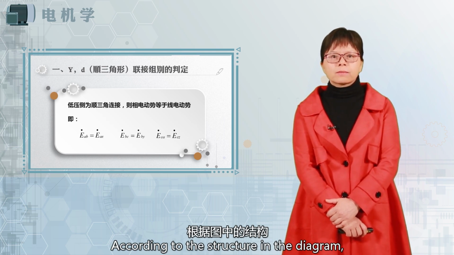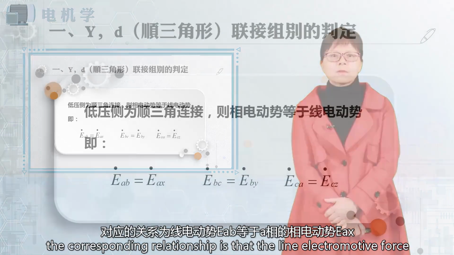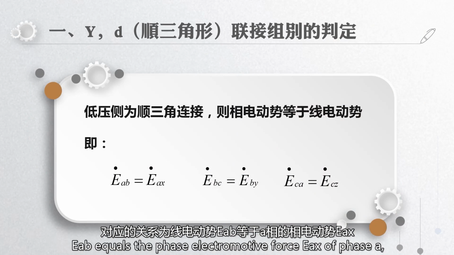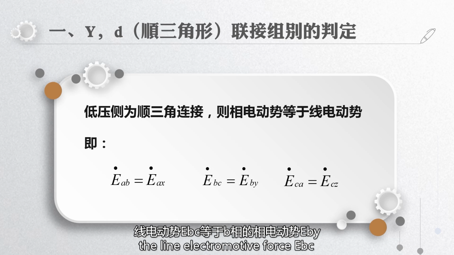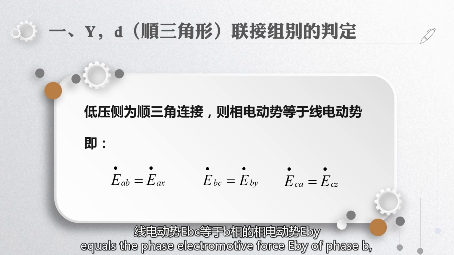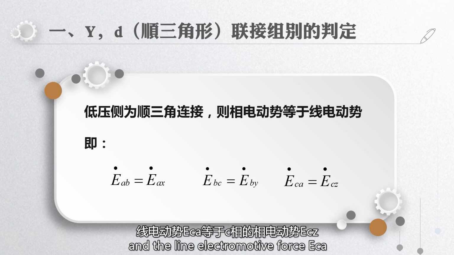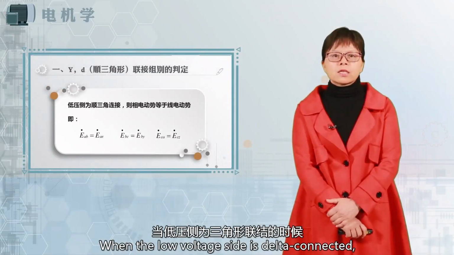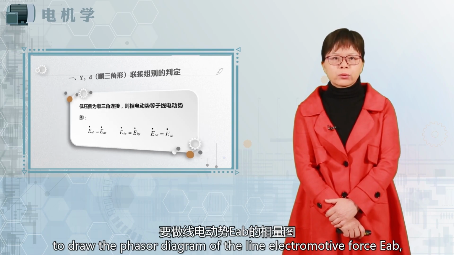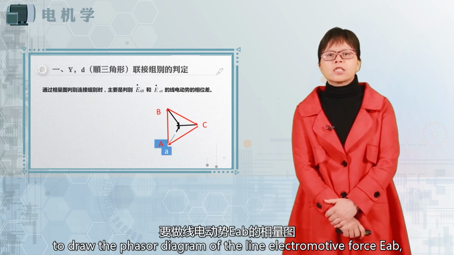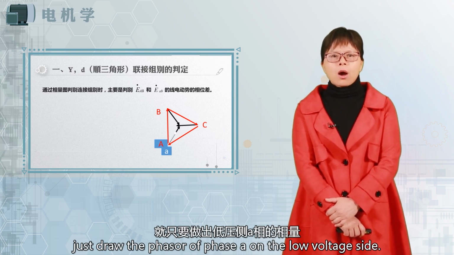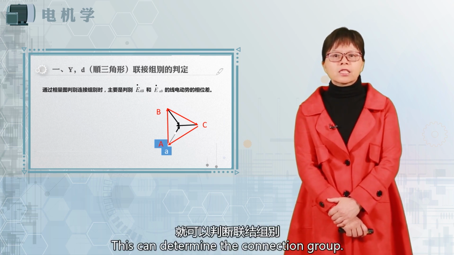According to the structure in the diagram, the corresponding relationship is that the line electromotive force EAB equals the phase electromotive force EAX of phase A. The line electromotive force EBC equals the phase electromotive force EBY of phase B, and the line electromotive force ECA equals the phase electromotive force ECZ of phase C. When the low voltage side is delta connected, to draw the phasor diagram of the line electromotive force EAB, just draw the phasor of phase A on the low voltage side. This can determine the connection group.